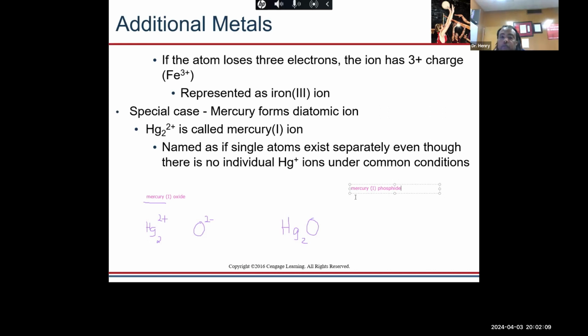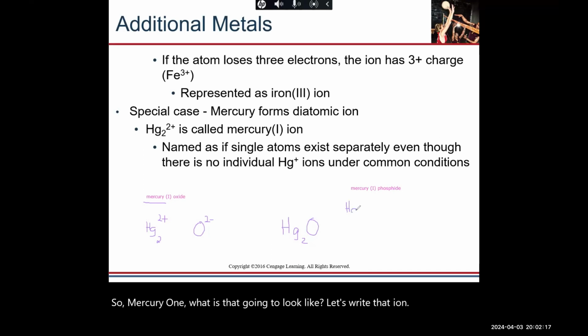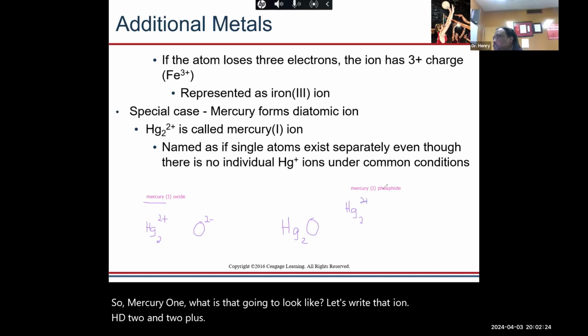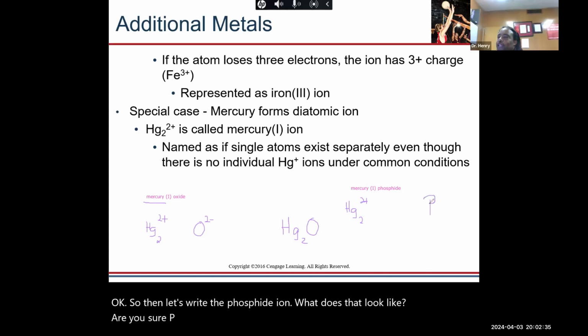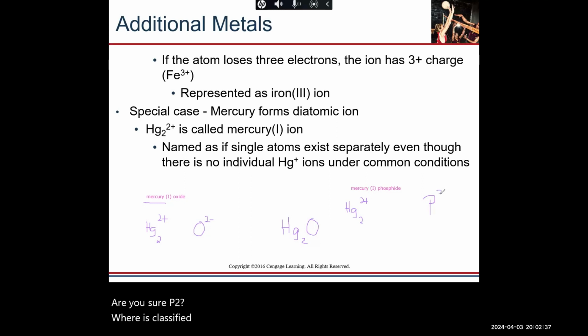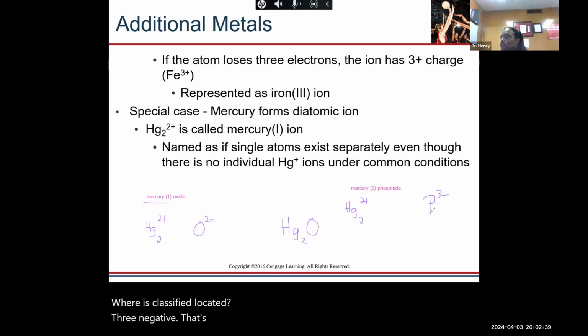So mercury 1, what is that going to look like? Let's write that ion. It's the Hg2 2 plus. Okay, so then let's write the phosphide ion. What does that look like? P2? Are you sure? Where's phosphide located? 3 negative, that's right. P3 negative.